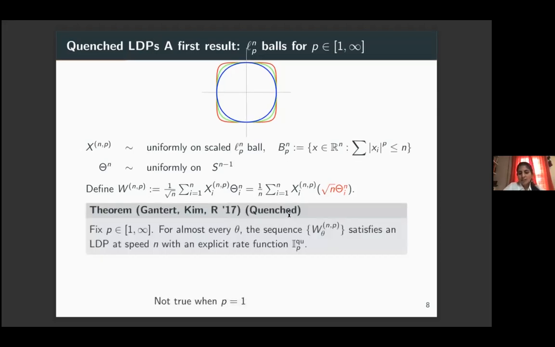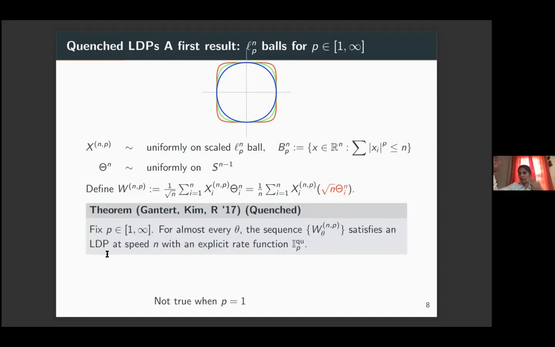So we started looking at this with Nina Gantert and my student Stephen Kim a while back. And it turns out that the answer is yes, you do have quenched large deviations, as some of you may have seen before: for almost every direction on the sphere, the sequence W theta n p satisfies an LDP, which means it decays exponentially with speed n.